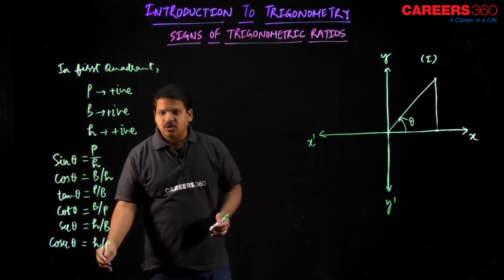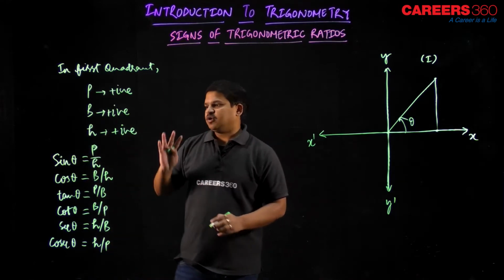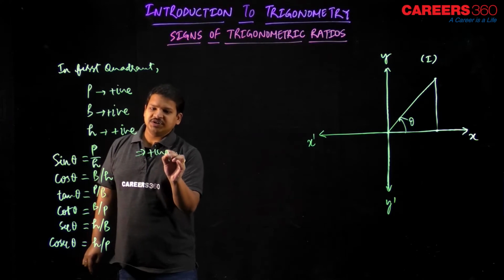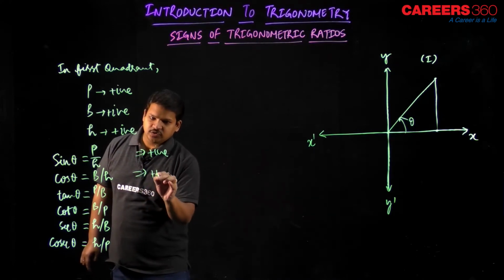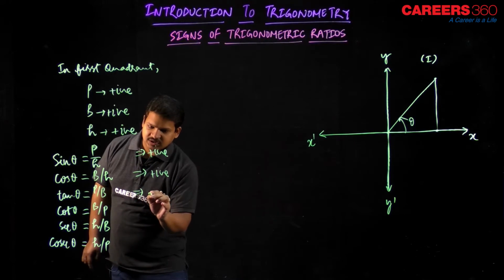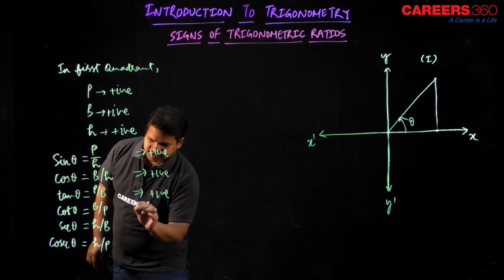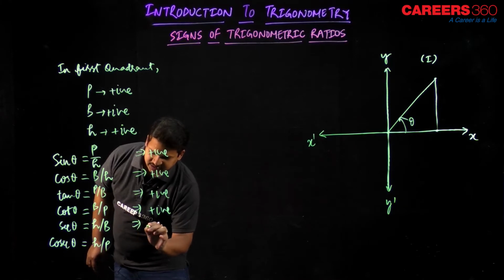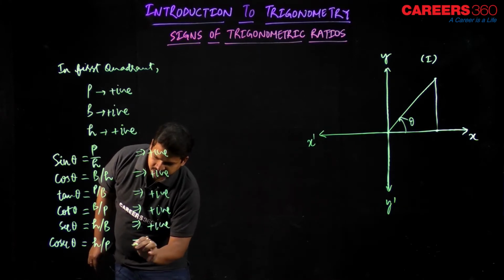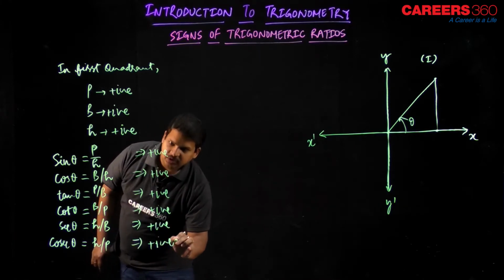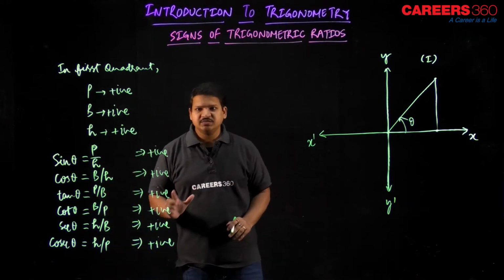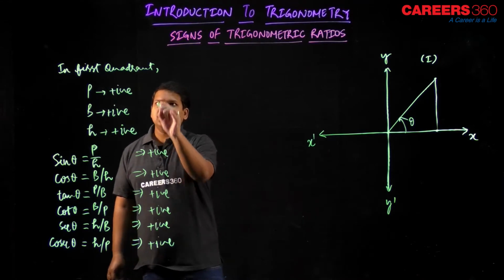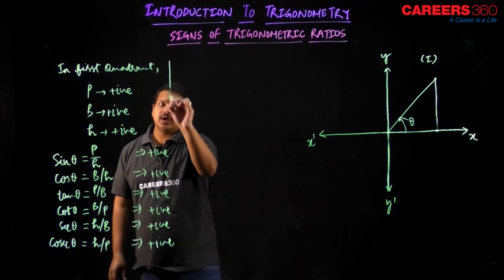Since the sign of all of these is positive, this will be positive, this will also be positive, and the rest of the two will also be positive. I hope it is making sense to you. Now this is what I was talking about, the first quadrant.